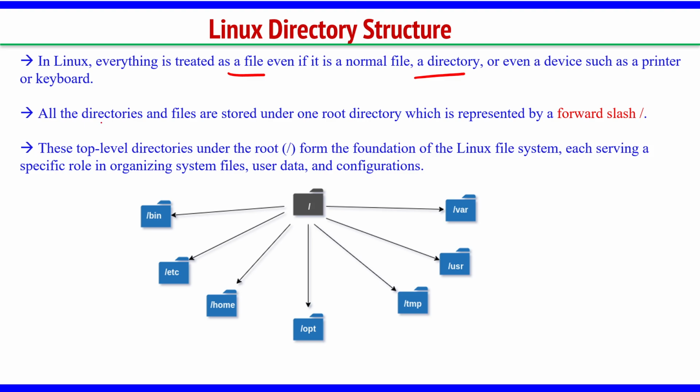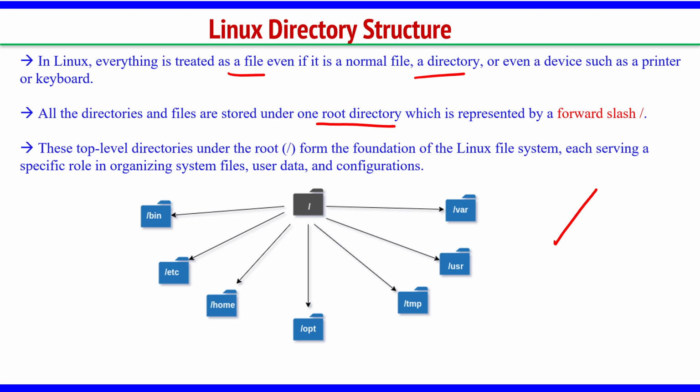All the directories and files are stored under one root directory, which is denoted by /. In Linux OS, we always have one root directory, under which there are different types of directories.